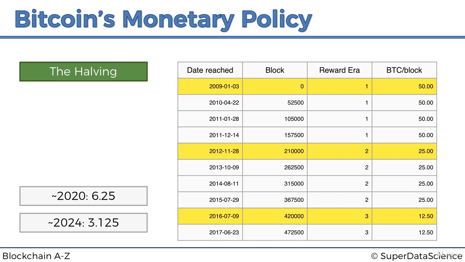And the important thing to note here is that the monetary policy of Bitcoin is entirely controlled by its software. It's entirely under the control of the algorithm that is in Bitcoin. It's not somebody going out there and saying, okay, we're going to change the number of bitcoins released this year to this amount. No, it's just all pre-programmed into the software.